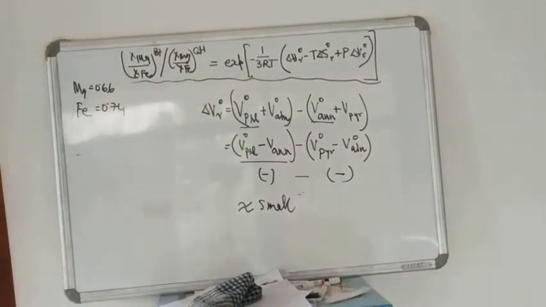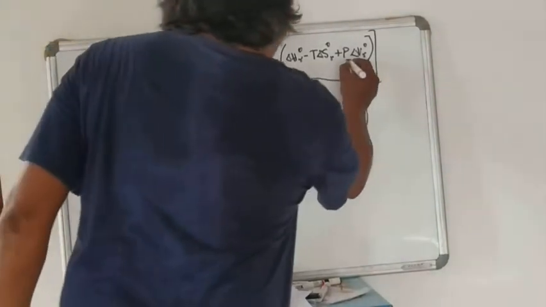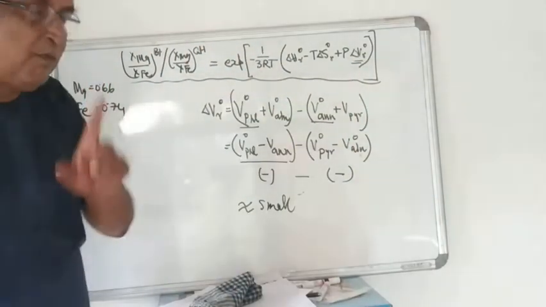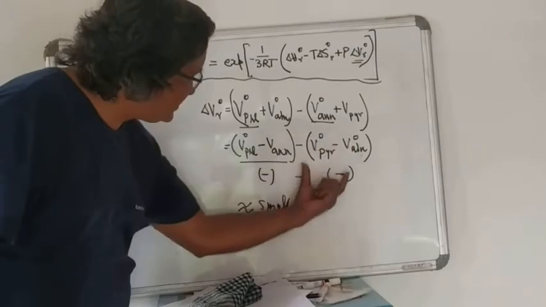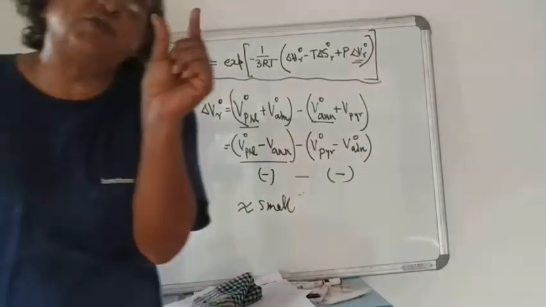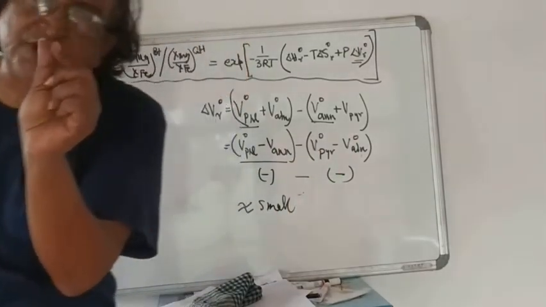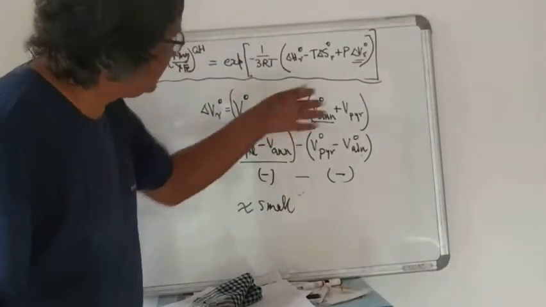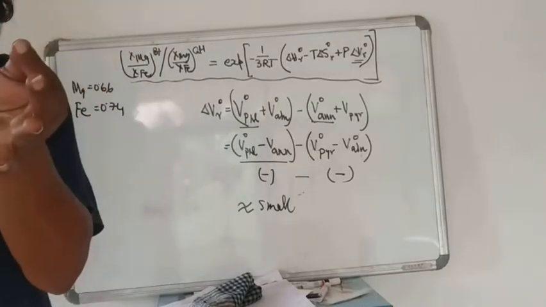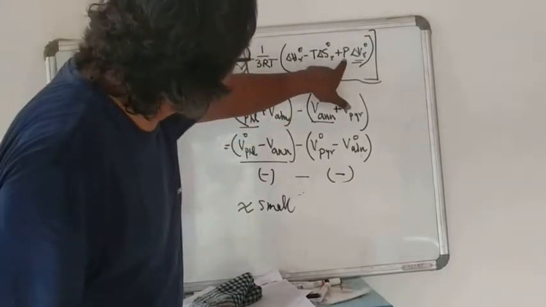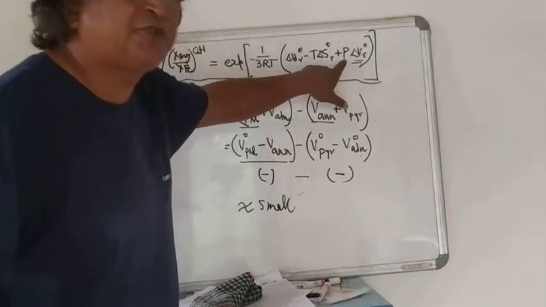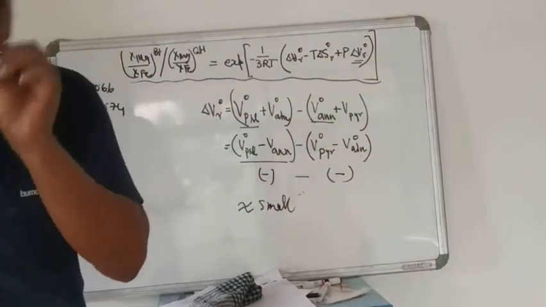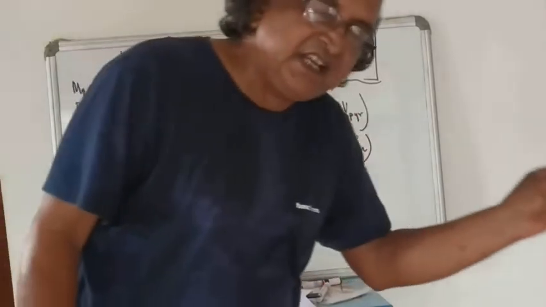What I am trying to emphasize here is that the effect of this term, delta V0, is very small because you have a small negative term being subtracted from another small negative term. And so the net effect, delta VR, is very small. So unless you multiply it with a very large pressure value, P delta V0R should be a small contributor to the energetics of the reaction.